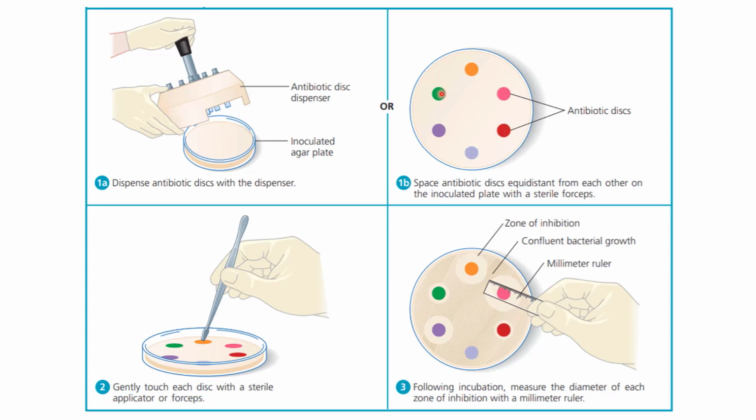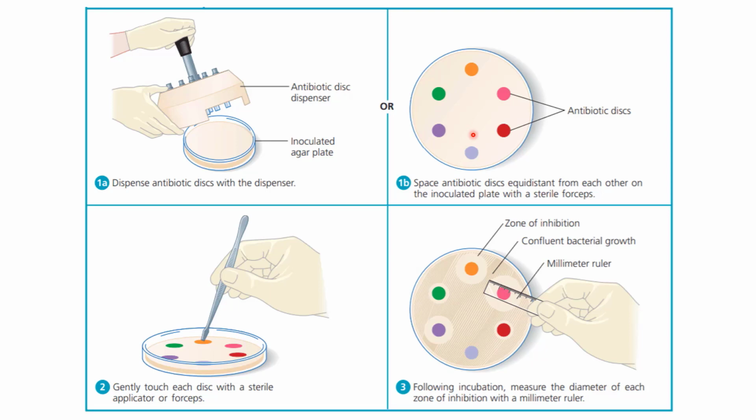And when you place these discs, in the region near each disc, the antibiotic starts to diffuse. And the further you go from the center of the disc, the concentration drops. At some point when you go too far from that disc, that specific antibiotic may not be present. Each disc has a different antibiotic, so you are simultaneously testing multiple antibiotics for this particular organism.